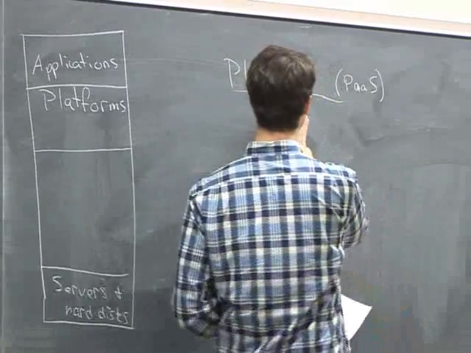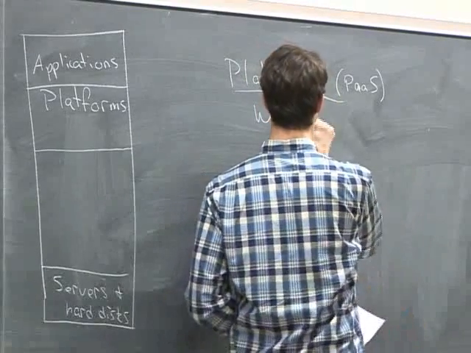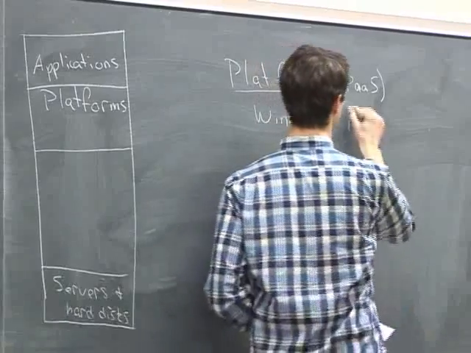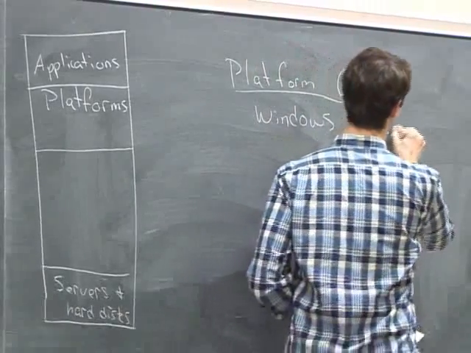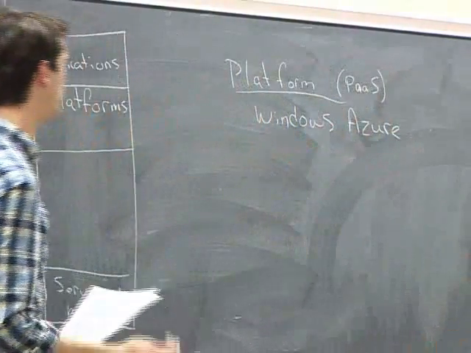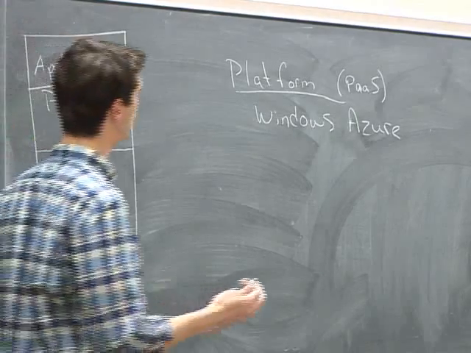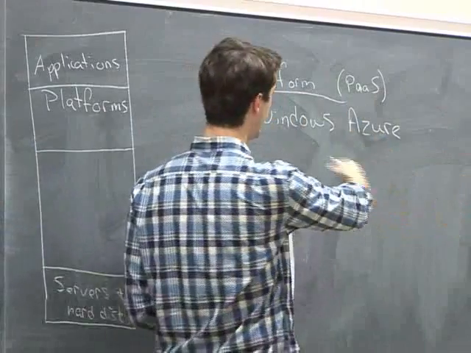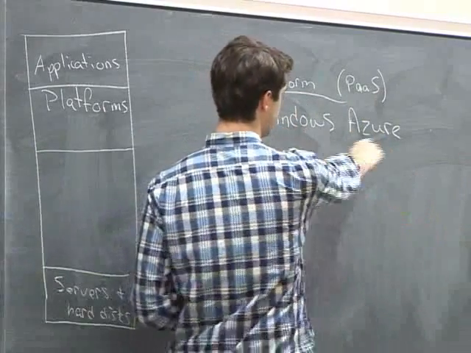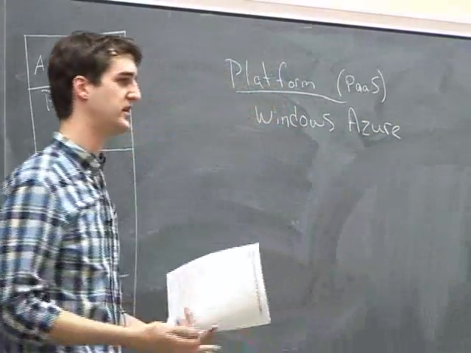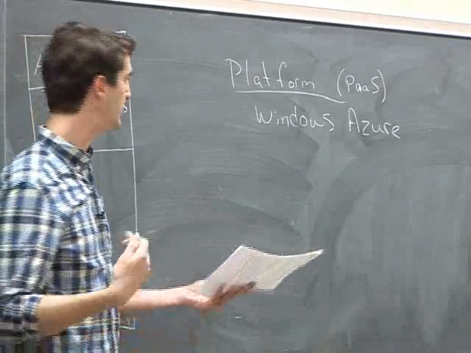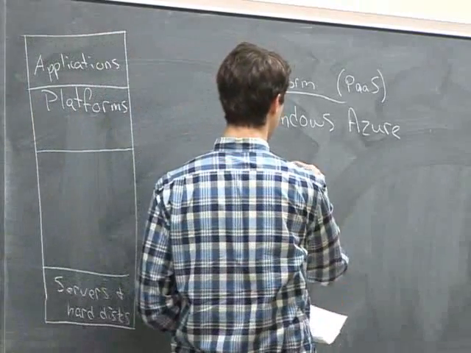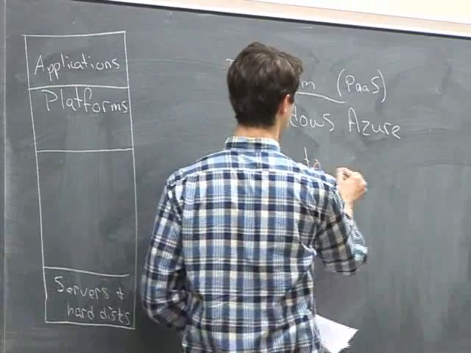There are things like Windows Azure, which basically allows you to buy compute time on Microsoft servers. If you write your application on top of their platform, you get things for free, like auto scaling.